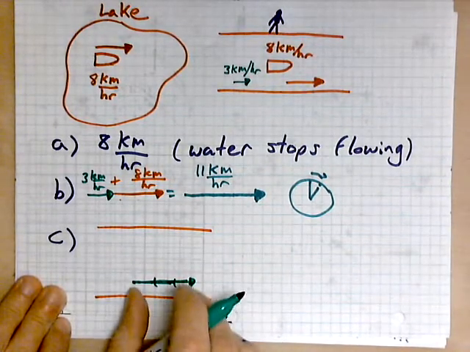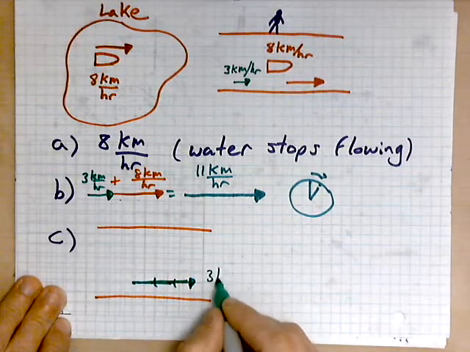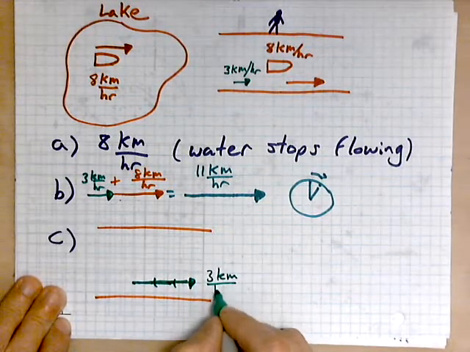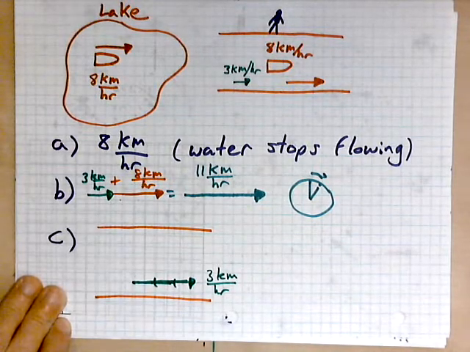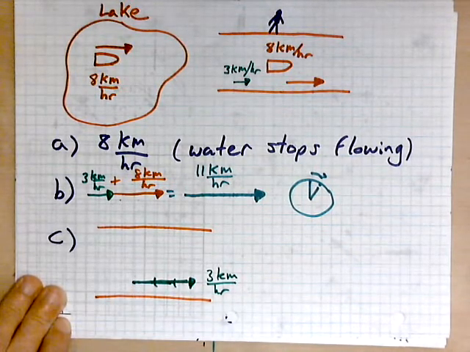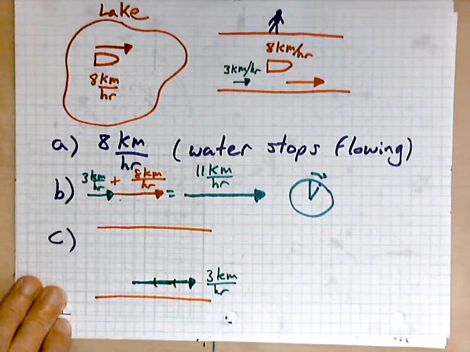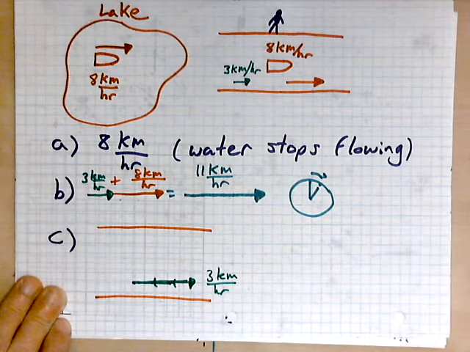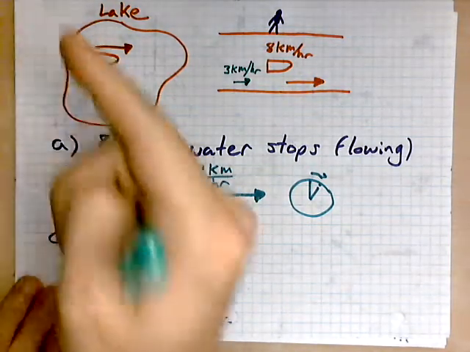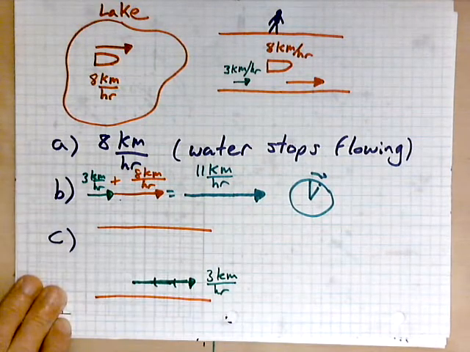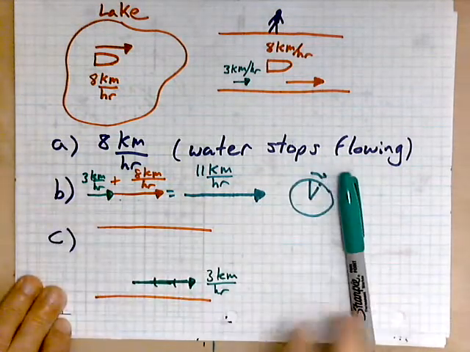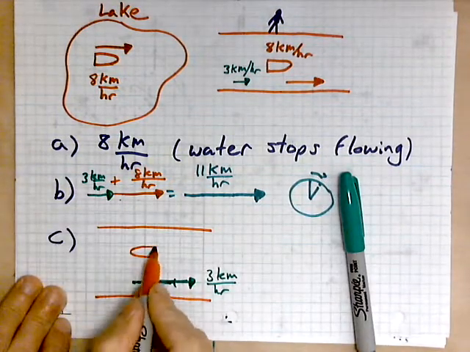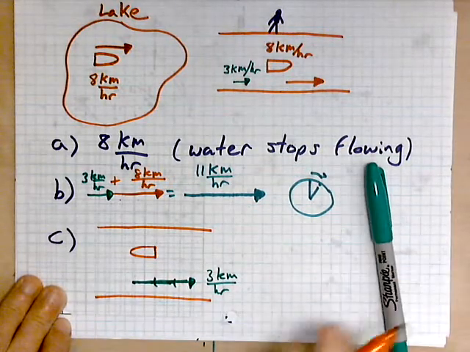That's the velocity of the river, 3 kilometers per hour, which means if I drop a little leaf into the river, and I could see for a great distance, then 1 hour later, that leaf would be 3 kilometers downstream, if it's simply carried by the water. That's how far it would move in 1 hour. And now we have a boat in this water, and this boat points in this direction.